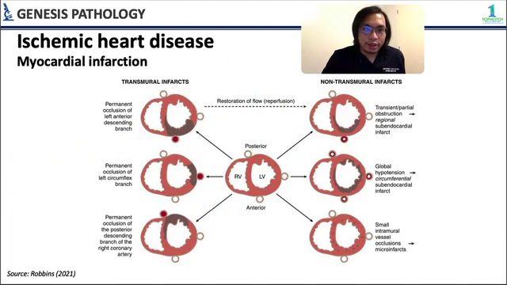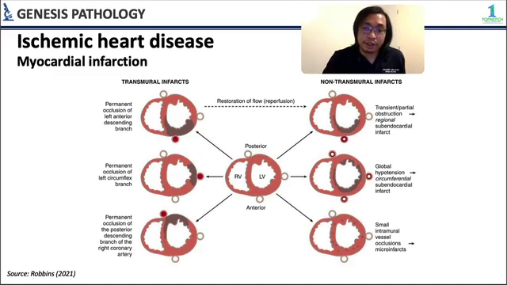Now, usually, our myocardial infarction, depende siya sa blood vessels that are occluded, no? So, most commonly, it's still your left anterior descending na o-occlude. So, kapag left anterior descending artery yung na-occlude, usually that's an anterior infarction. Kapag right coronary artery yung na-occlude, usually that's an inferior infarction.